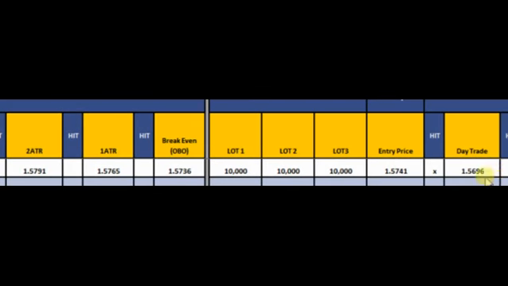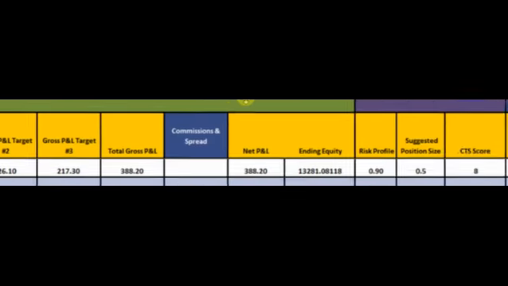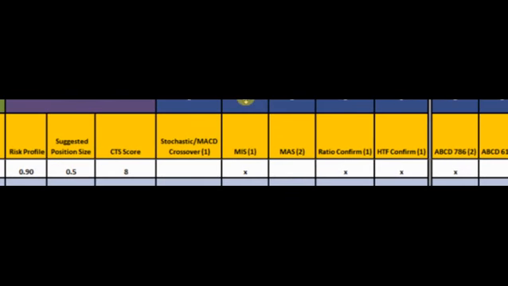My first targets were at 5696, which gave me a risk profile of 0.9, just short of a 1-to-1 risk profile, which is okay with me in this particular situation, because this was a trend continuation trade in anticipation of a larger time frame pattern to go ahead and reverse the position to take the trade long at the end of the day.